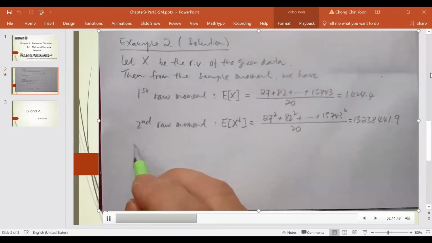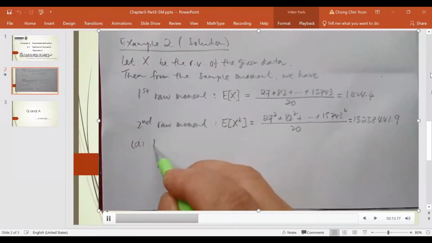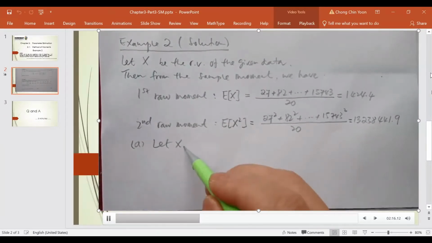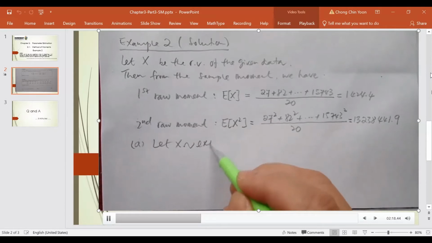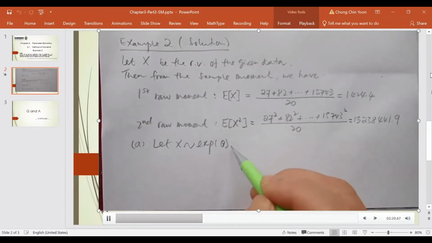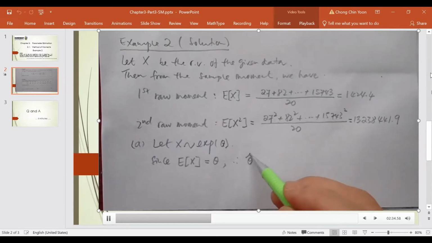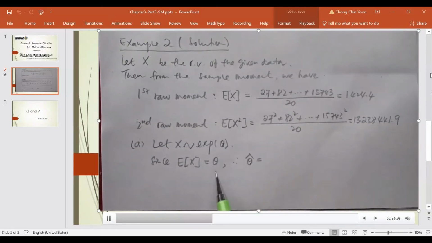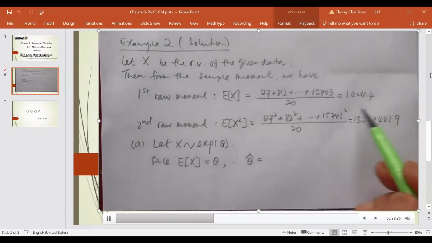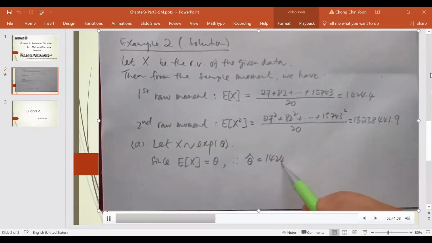So now we can go to part A. Let X be exponentially distributed with the parameter theta. Since the expected value of this random variable X is theta, we can estimate this parameter as equal to 1424.4.